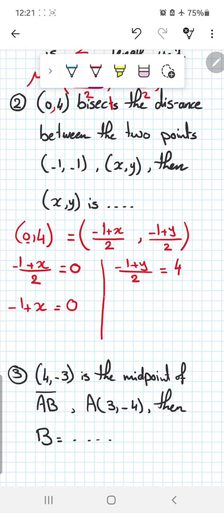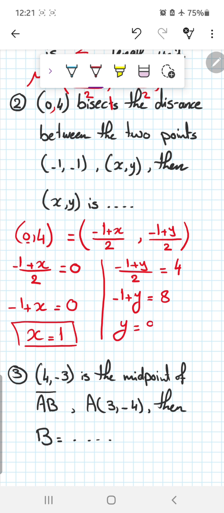Move -1 to the other side as positive, so x equals 0 plus 1, it will be 1. Here also make a cross multiplication, so -1 plus y equals 2 times 4, which is 8. Move -1 to the other side with opposite sign, so y equals 8 plus 1 equals 9. So the coordinates of (x, y) will be (1, 9).